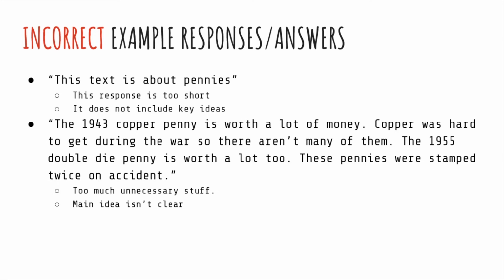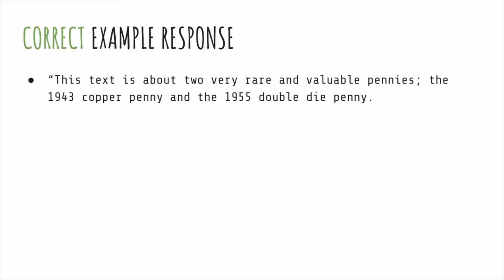So an example of a good summary is: this text is about two very rare and valuable pennies, the 1943 copper penny and the 1955 double die penny. So this shows us the key information, right? It is basically telling us this article is about two very rare and valuable pennies, and it names them and gives the dates. You don't have to go into why they're valuable, right?